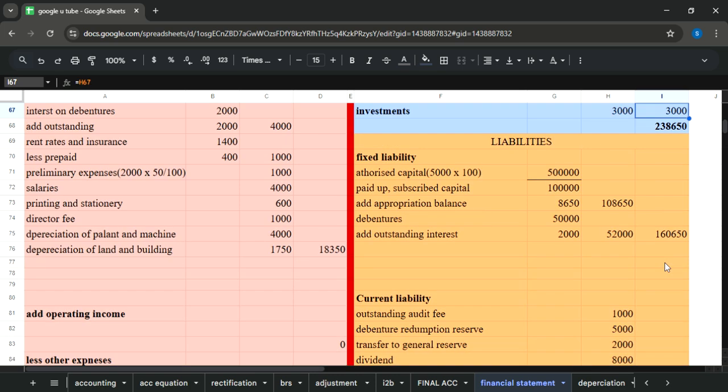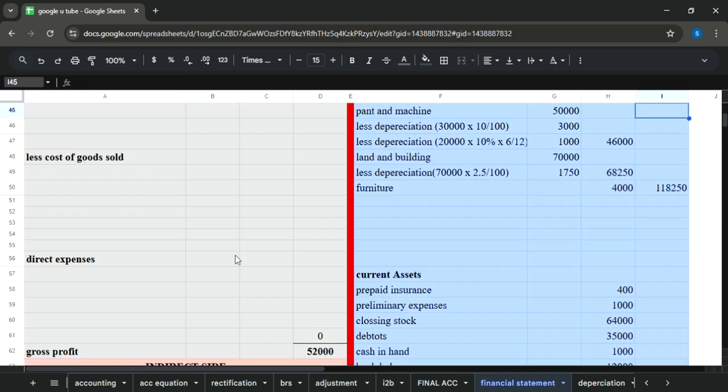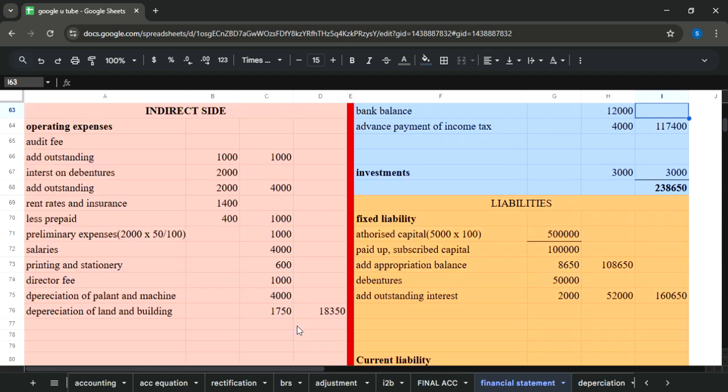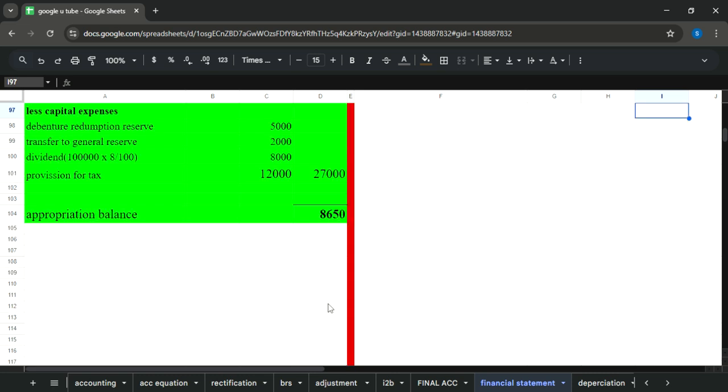So guys, in this way you have seen that all parts related to financial statement completed. Their first part was already solved, gross profit was available, then we have started indirect side. Its answer 32650 was calculated. Third part, appropriation side, was started and calculated 8650.